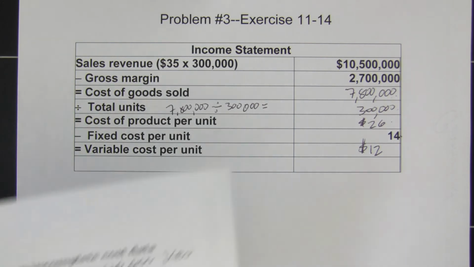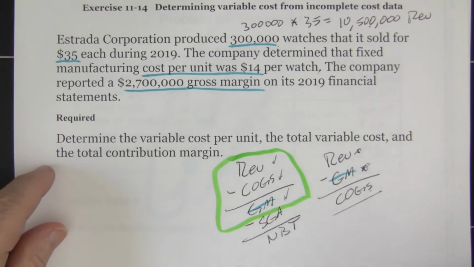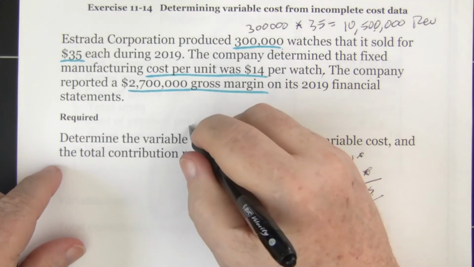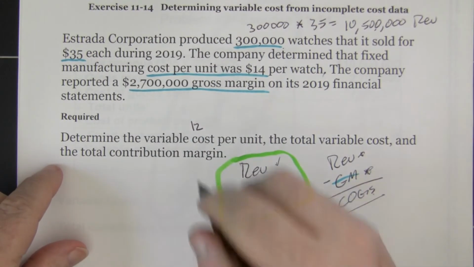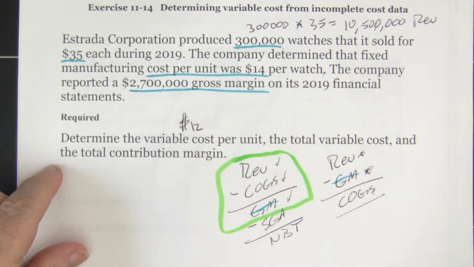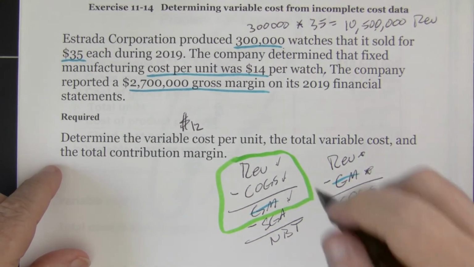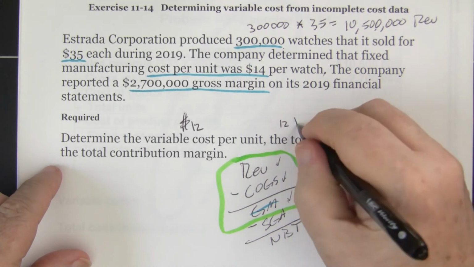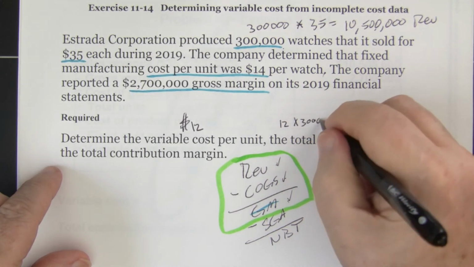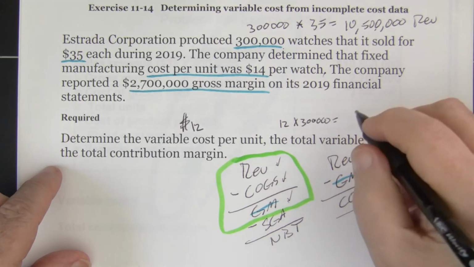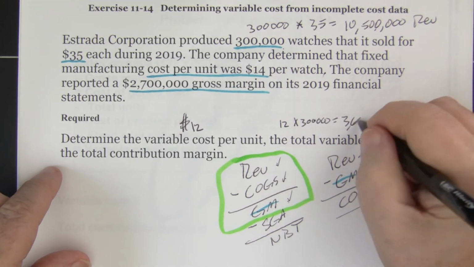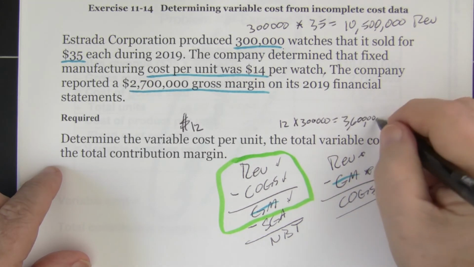The next thing it asks us, so that once the variable cost per unit, $12, the total variable cost will be $12 times 300,000, or $3,600,000.